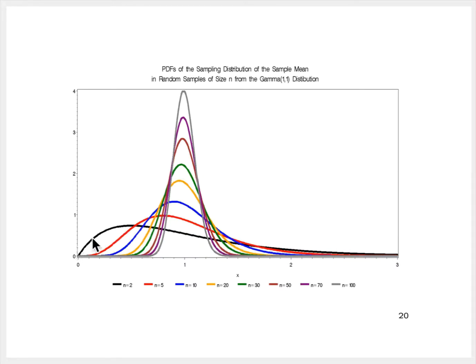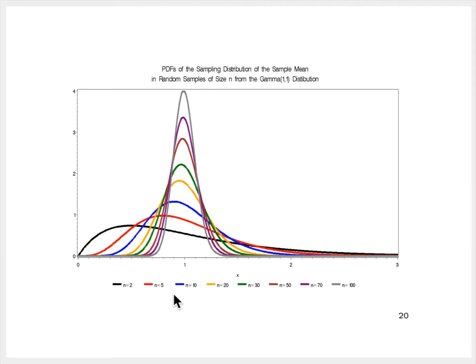It's not symmetric at all. It's got a long skinny tail to the right, and it is therefore right skewed. Now, if we increase the sample size to 5, then we get the red curve. It is still very right skewed, but not as right skewed as when the sample size was 2.